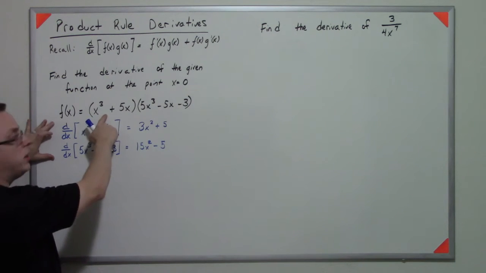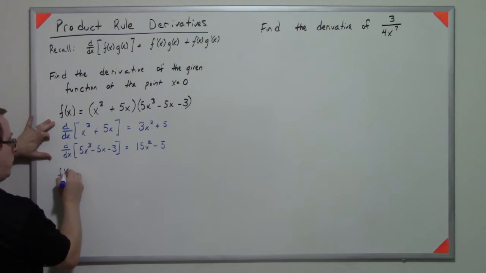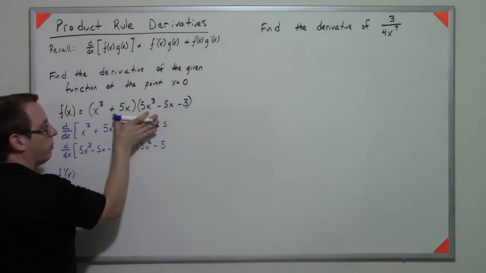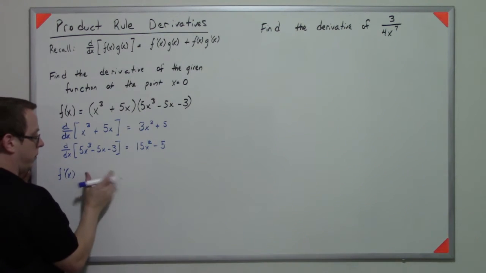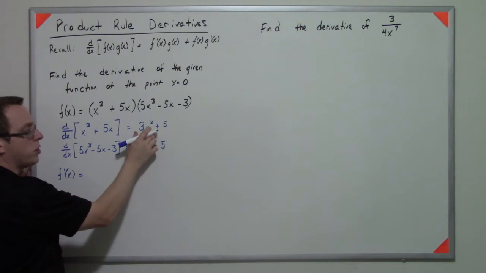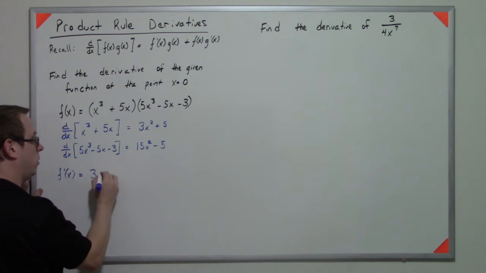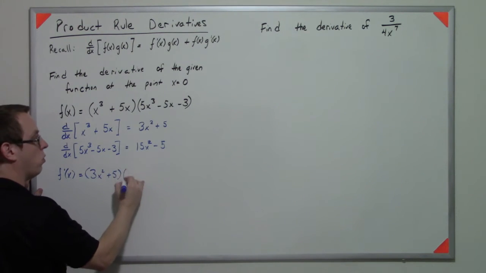So the way that I want to get f prime here is, I'm going to have two terms in each grouping. The first term will have the first term's derivative, and the second term will be normal.